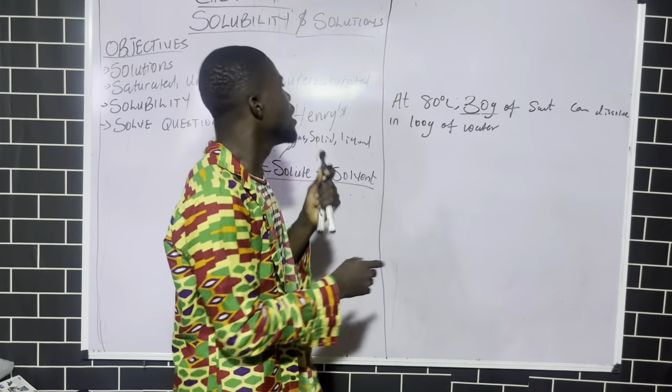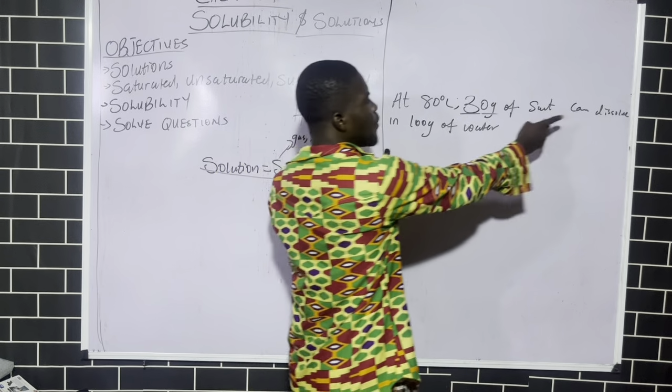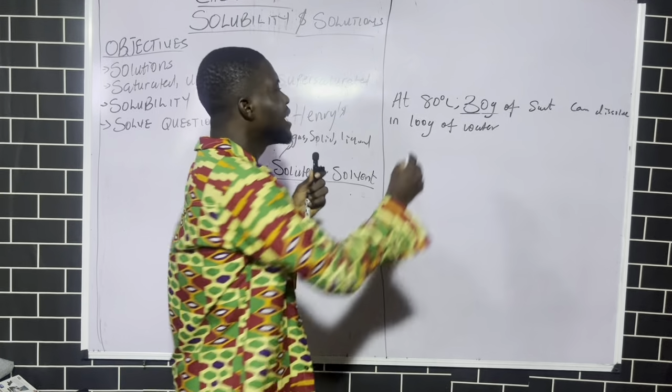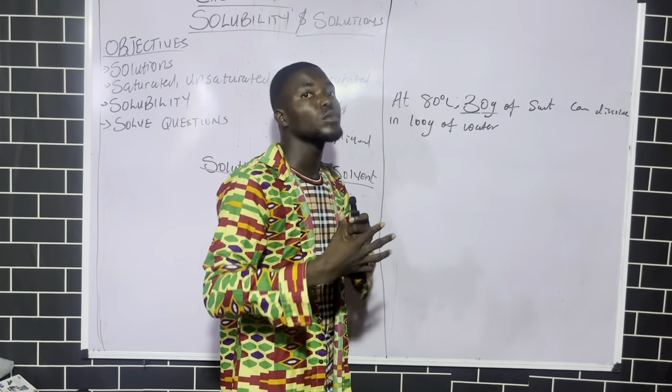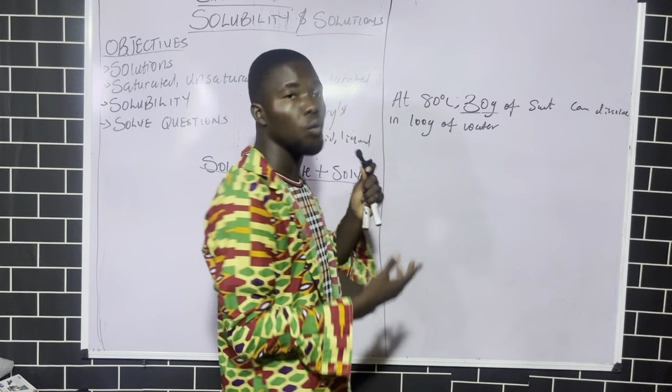Let me show you something. If we say at 80 degrees Celsius, 30 gram of salt can dissolve in 100 gram of water, then as I reduce the temperature, what will happen to the solubility? It will also reduce, because temperature works with solubility.